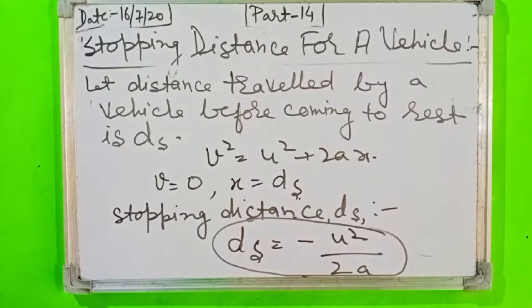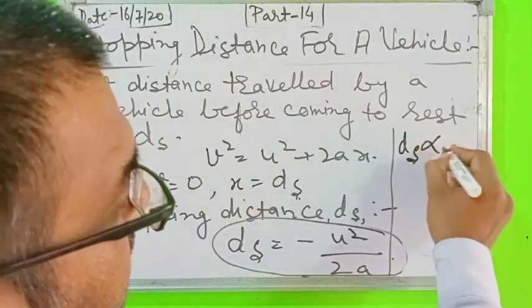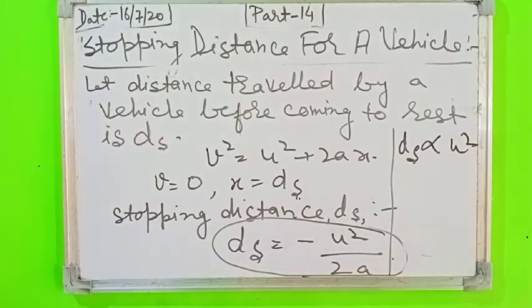Now you are seeing that the stopping distance ds is directly proportional to u square.